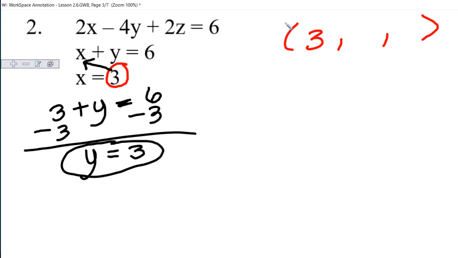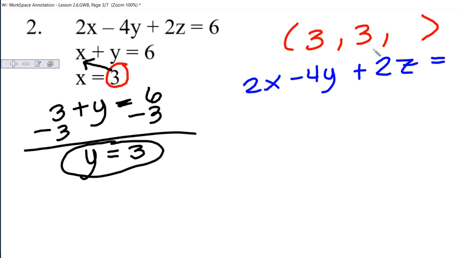The y is 3. Now I need to find z. Well, what is the only equation that has a z in it? The top one. So to solve for z, I have to use that top equation. There's no way around that. So 2x minus 4y plus 2z equals 6.